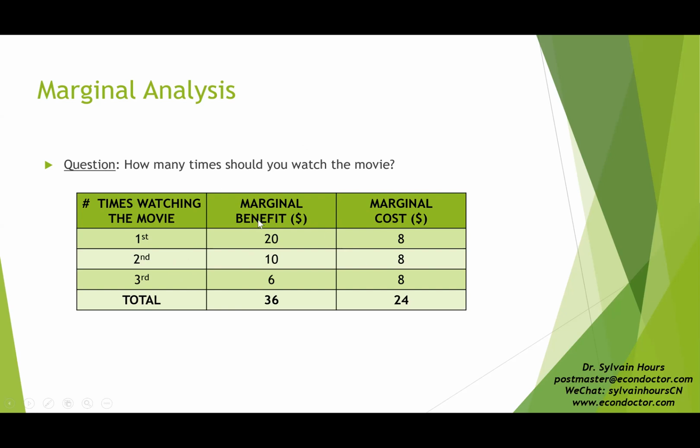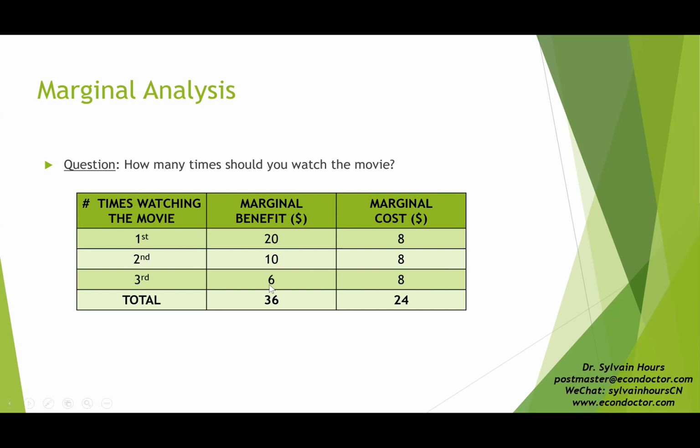So then you can illustrate the marginal analysis with figures. You can say, all right, should I watch the movie the first time? Yes, marginal benefit is greater than marginal cost. So if I watch the movie the first time, it creates a net gain. Should I watch the movie the second time? Still the marginal benefit is greater than the marginal cost. So yeah, I should watch the movie a second time. Should I watch the movie a third time?